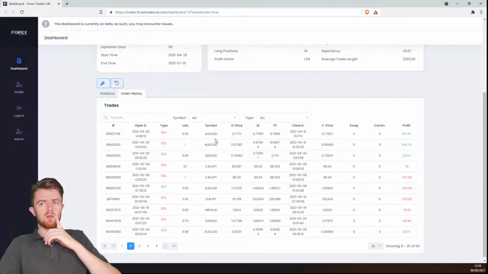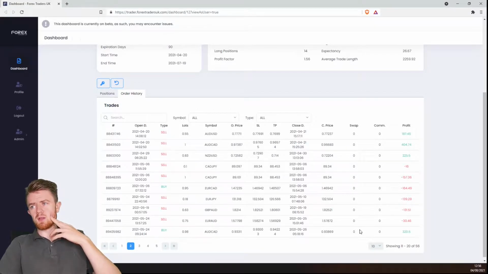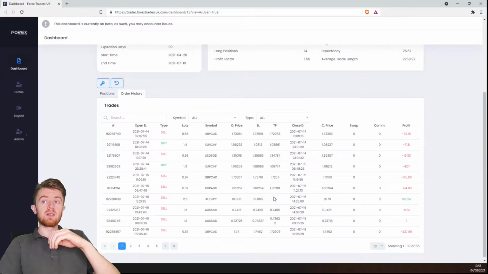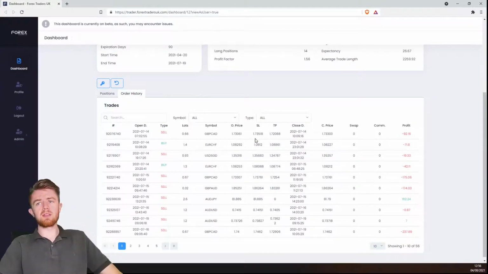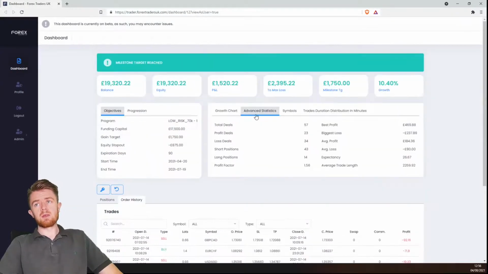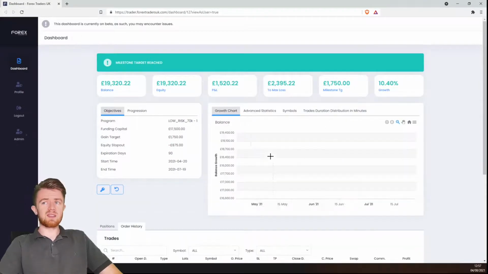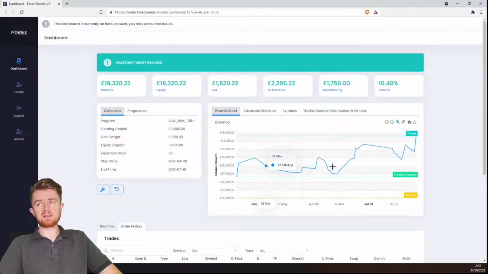They're using all of the instruments that we allow on our trading platform, and we can still see all of the stop losses and take profits in play. If we flip back to the growth chart, we can see the trader did see some drawdown here and also here, but overall we can see the growth pattern.